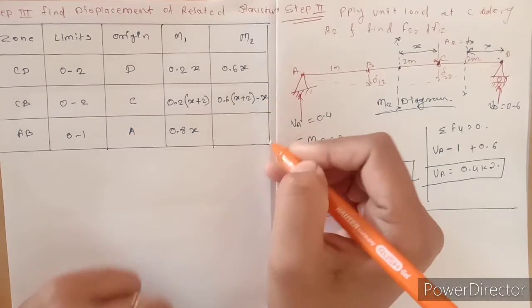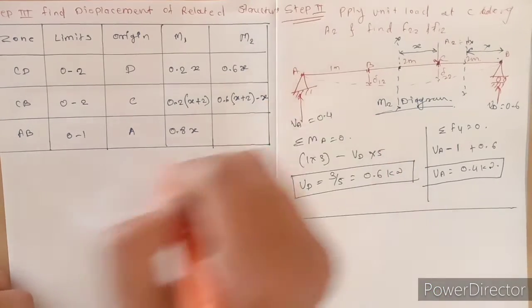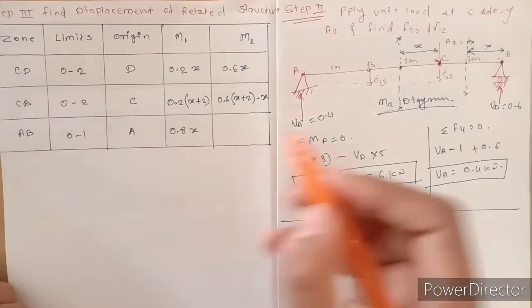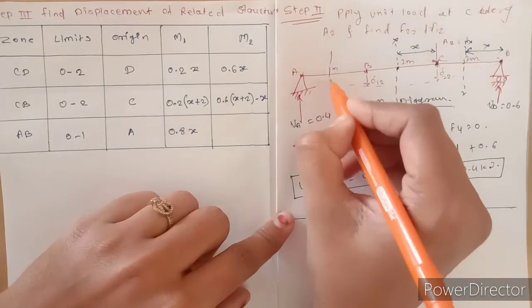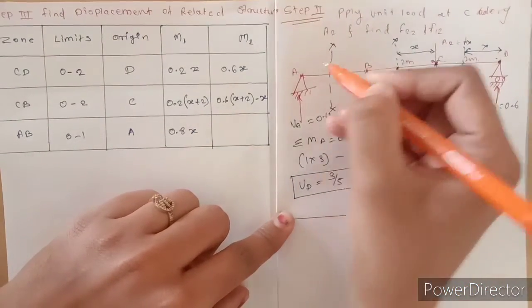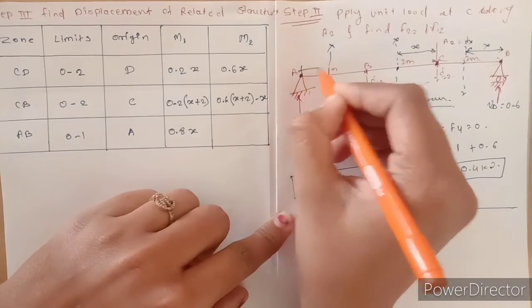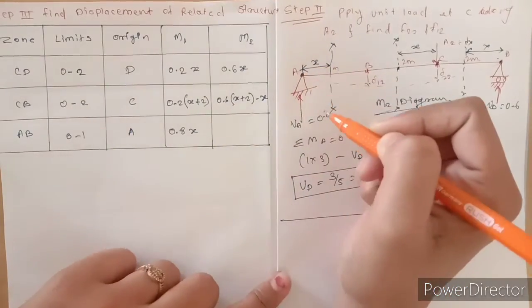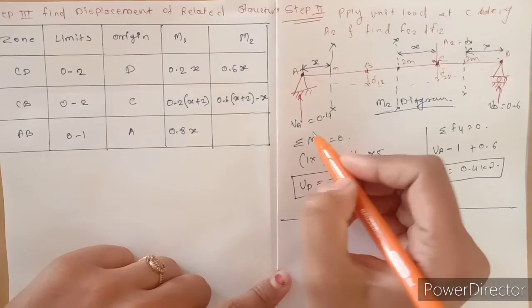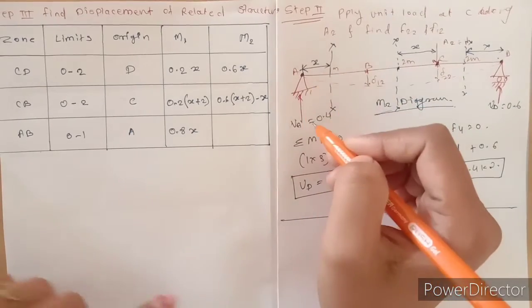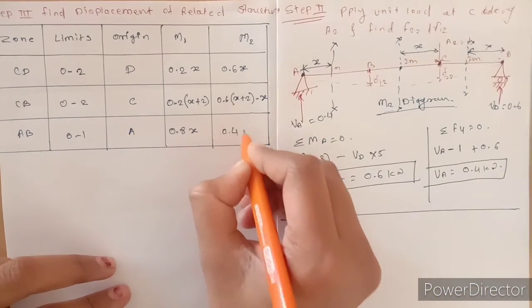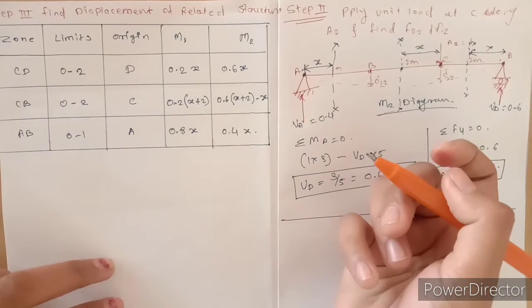So here we take minus x. Then next for AB zone, put axis, then from origin to axis distance is x meter. Then take movement, this 0.4 into distance is x. So 0.4 into x.